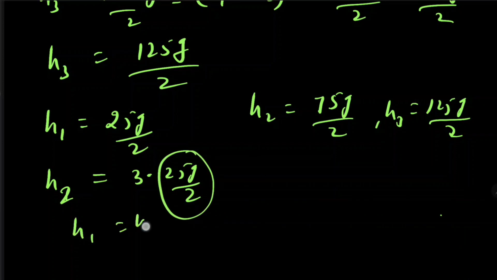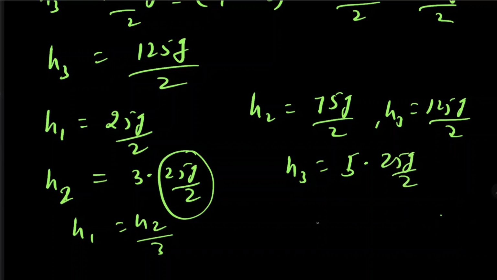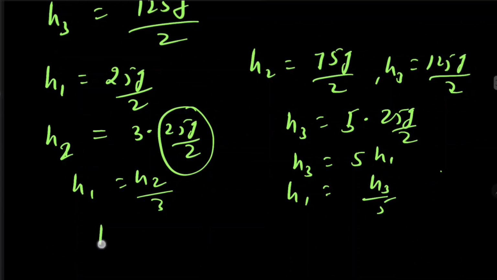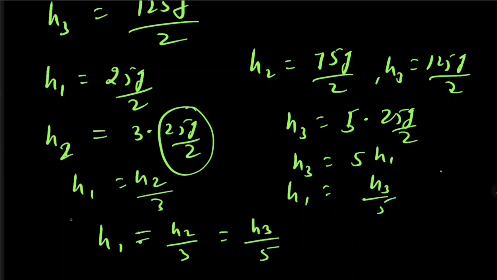So h1 will be equal to h2 by 3. And h3 can be written as 5 multiplied by 25 g by 2. So h3 will be equal to 5 h1, or h1 will be equal to h3 upon 5. So the relation will be h1 is equal to h2 by 3 is equal to h3 by 5.